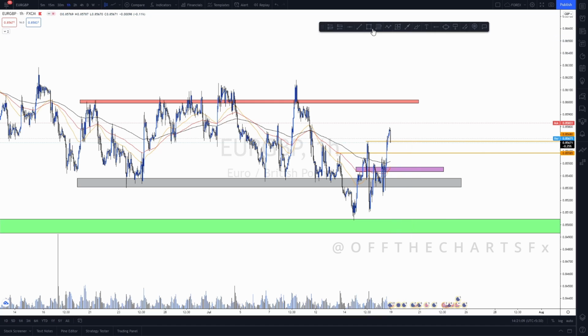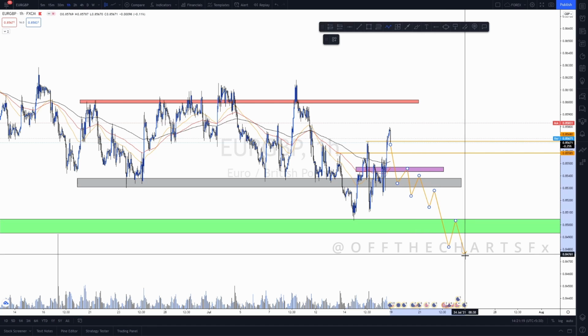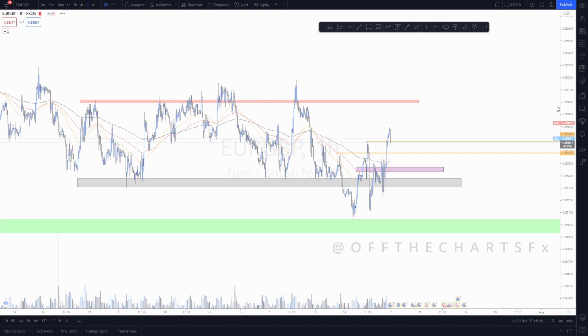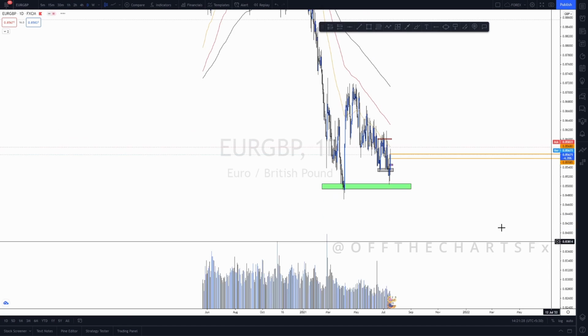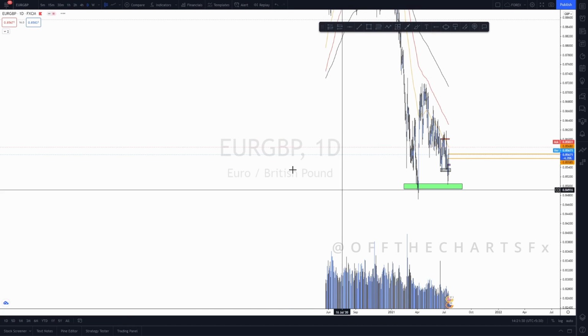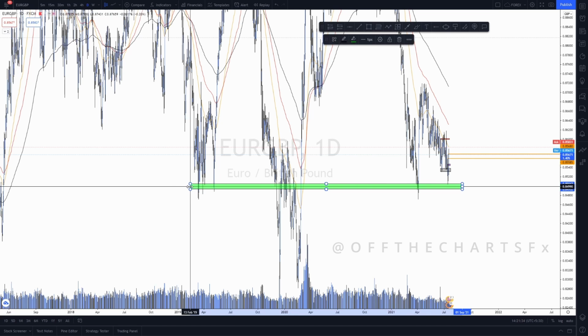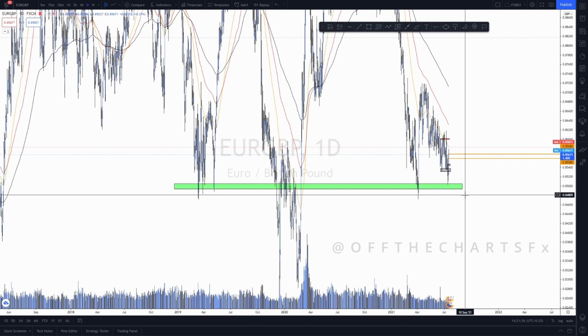For the failing structure, I'll be looking for something like this. Let the market make a price action, make a spring, and then test, and then all right, something like this. All right, so how do we anticipate this? As you can see, this is a clear demand level.